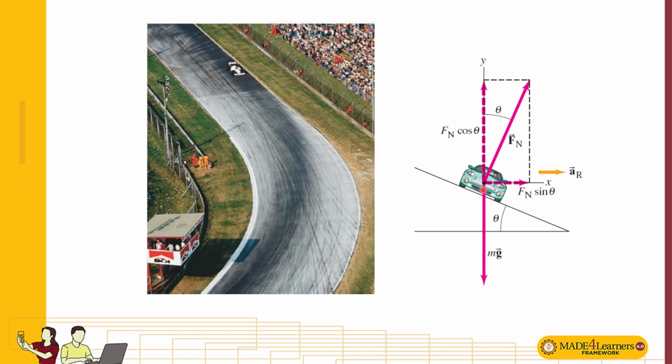If this is the surface, then the weight of the object is always directed downward, and perpendicular to the surface is the normal force. The normal force has this component which is directed towards the center of the circle, and this component that is parallel to the weight of the object. This arrow here represents the centripetal acceleration, also called radial acceleration. That's why it's letter R, a radial or centripetal acceleration.